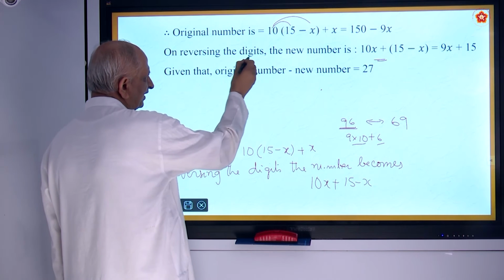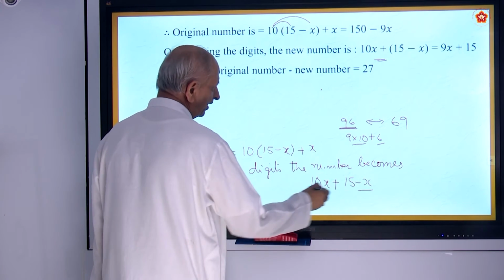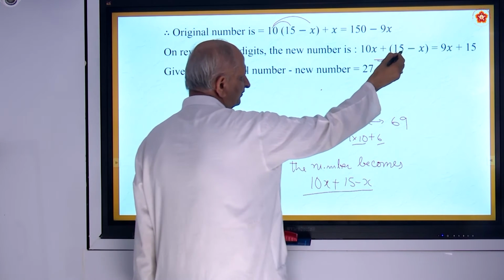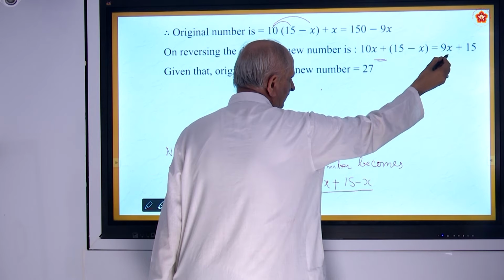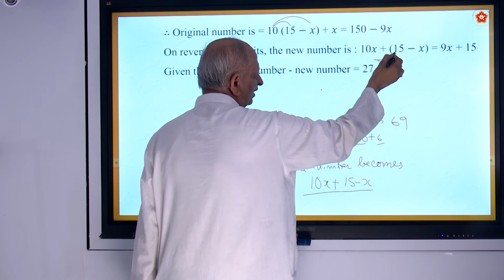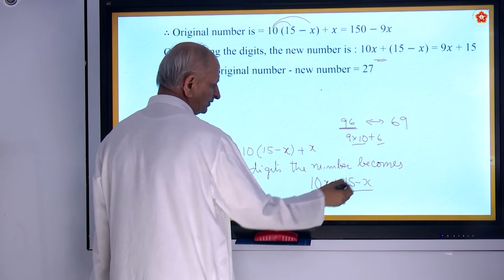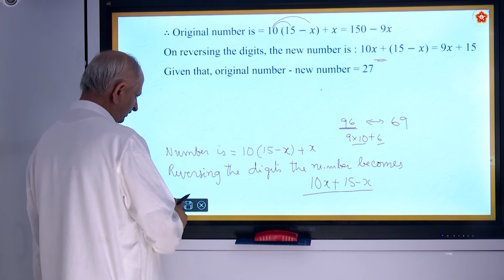On reversing the digit, the new number is 10x plus 15 minus x. So 10x minus x become 9x, and plus 15. So 10x minus x is 9x plus 15. So this is what you get, correct?